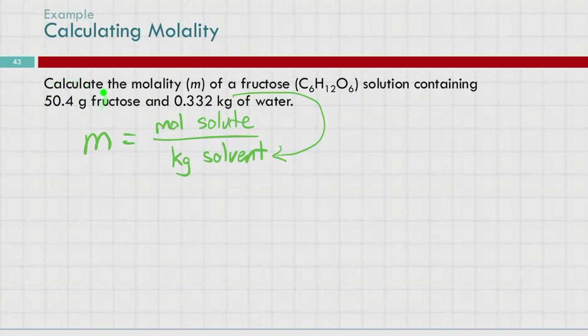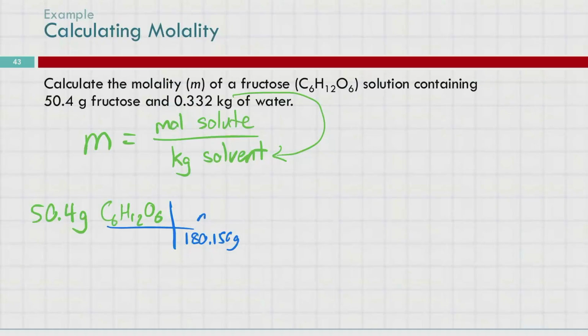We do not have moles of our solute, fructose, so we'll have to calculate that. 50.4 grams C6H12O6. So we've got 6 carbons, 12 hydrogens, 6 oxygens. Our molar mass is 180.156 grams per mole.